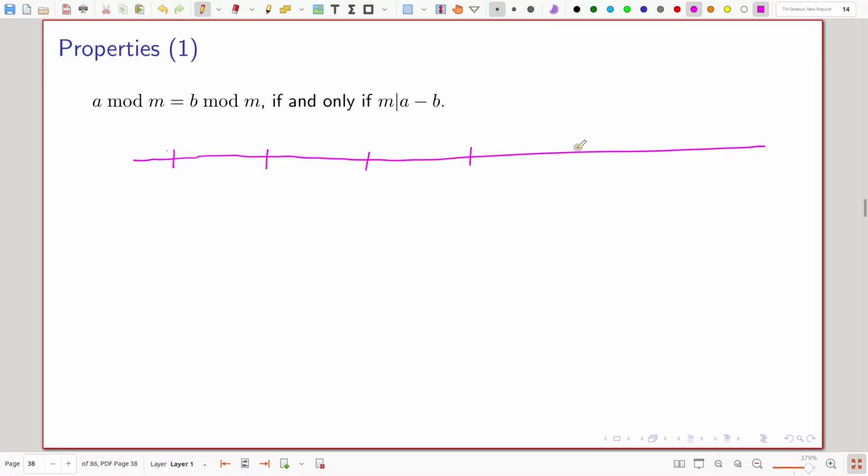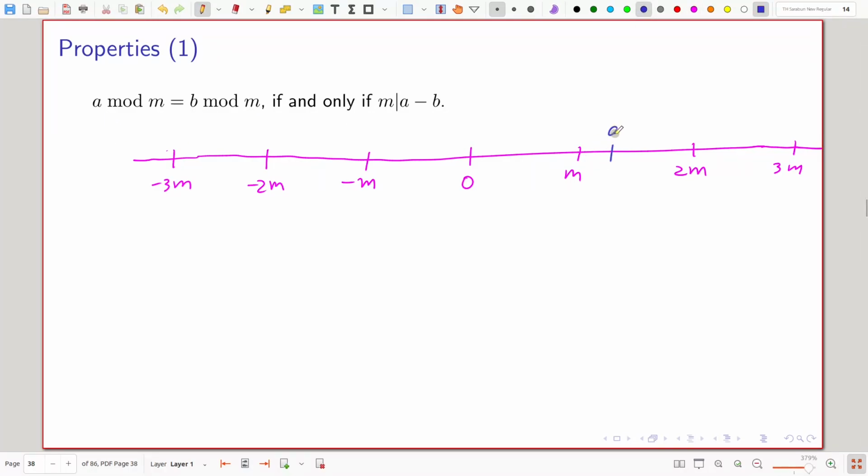If you do everything mod M, this is 0, this is M, this is 2M, this is 3M, this is minus M, minus 2M, minus 3M.